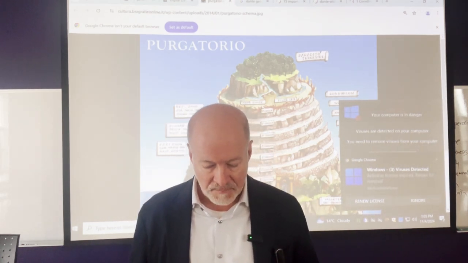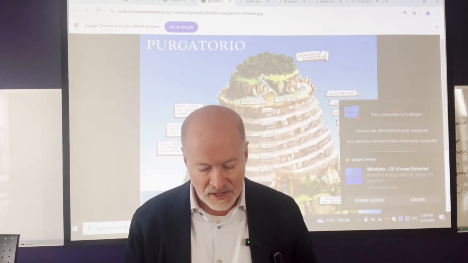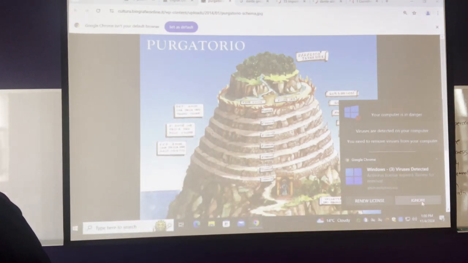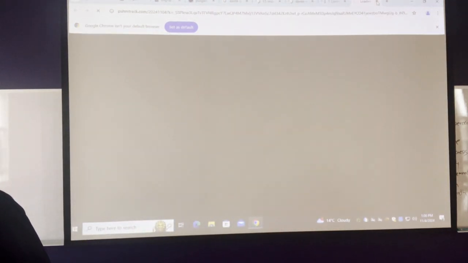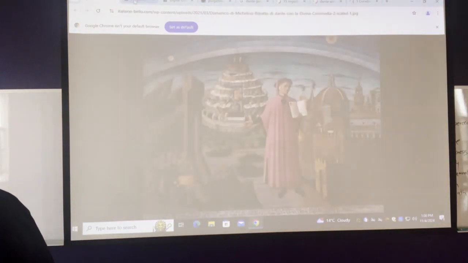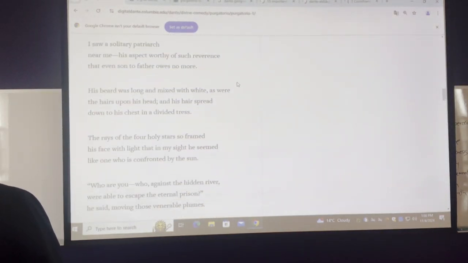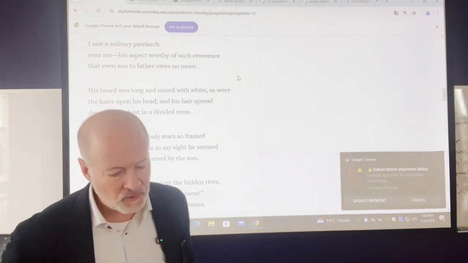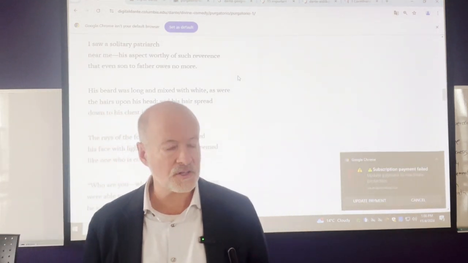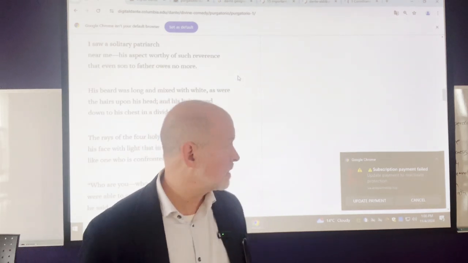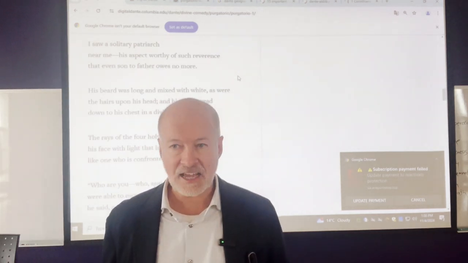And the first figure that Dante meets here, having said that, is a figure who we might not recognize because he isn't a Christian figure. He is a Roman figure, the famous Roman judge whose name is Cato.